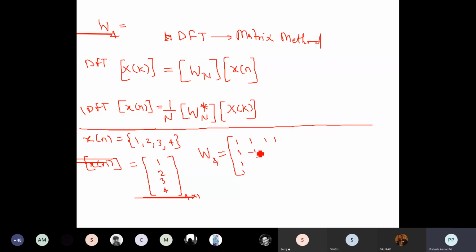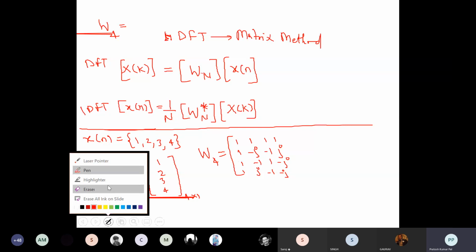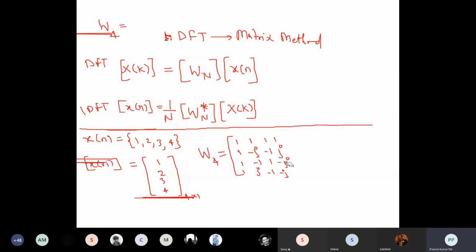Again this value is minus j, then this value is minus 1, this is plus j, this is minus 1, plus 1, then minus j, and then again plus j, minus 1 and minus j. Okay, so it will be minus 1.